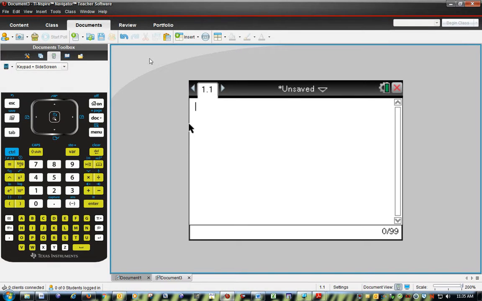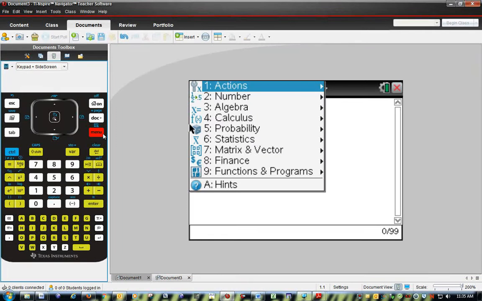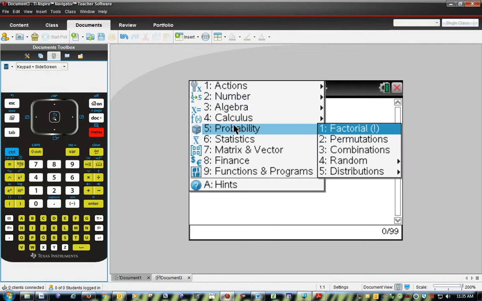Now, if you go to menu, what do you think we're going to hit next? Number 5, probability. So we're going to go to probability.